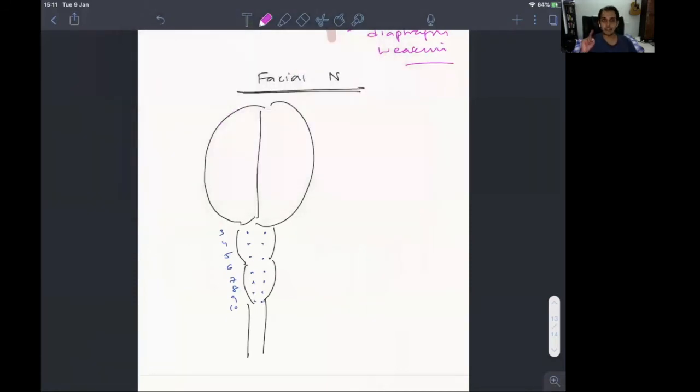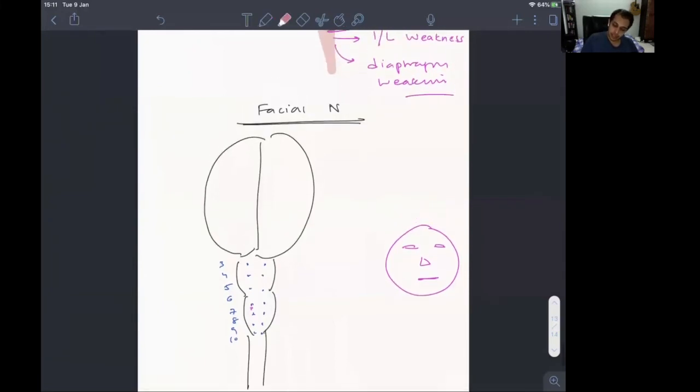Only in your facial nerve, and that also in the lower part of the face. So your facial nerve supplies your entire face, the sensations and the motor involvement in your entire face. The fibers of the facial nerve that supply the lower half of the face are only supplied by the opposite half of the hemisphere.